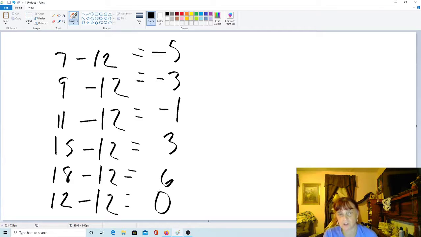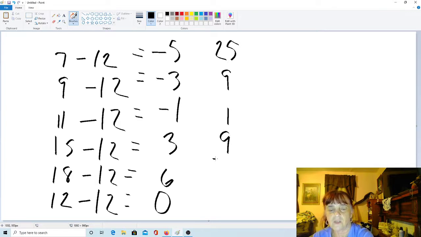Now you square those numbers. So you have 25, 9, 1, 9, 36, and 0. Then you add all those numbers up: 25 plus 9 plus 1 plus 9 plus 36, and you get 80. And you have 6 numbers.